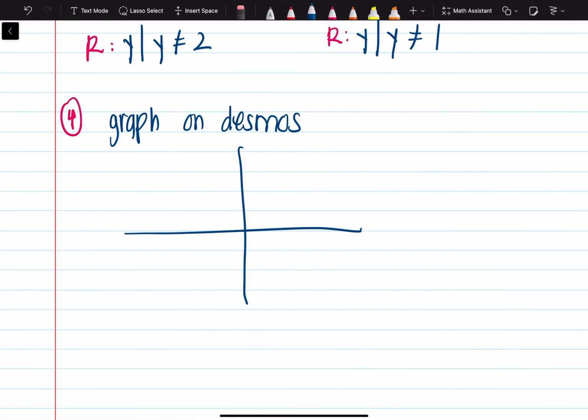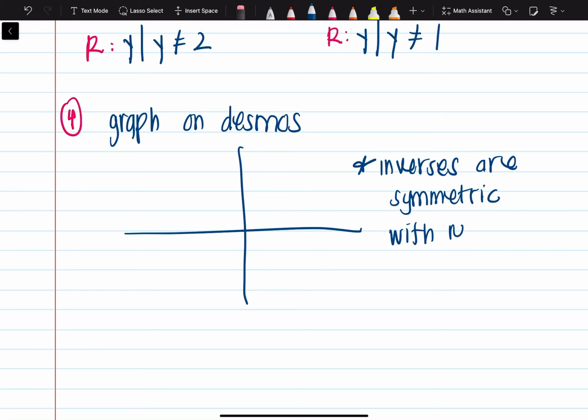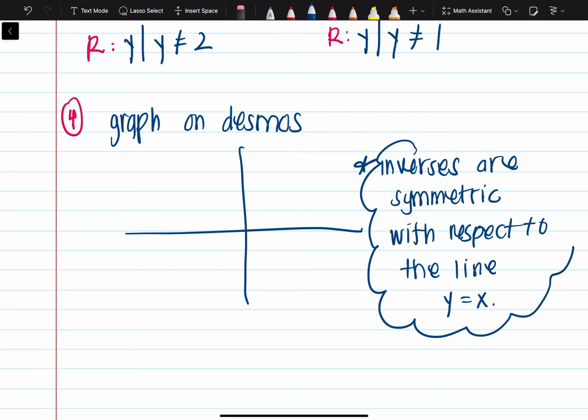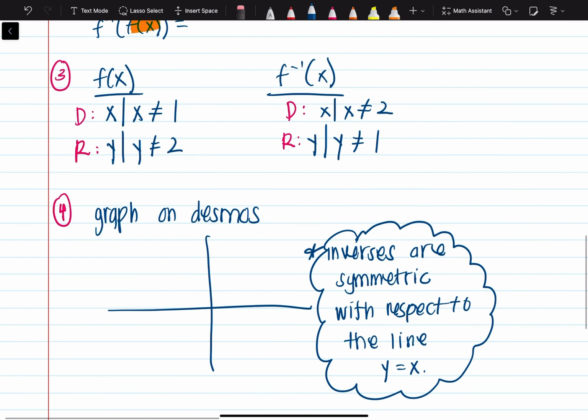So again, the main point here you need to realize is that inverses are symmetric with respect to the line y equals x. All right, so as long as you have verified that through Desmos, including that y equals x symmetry line, then you are good. All right, these are the notes on inverses.